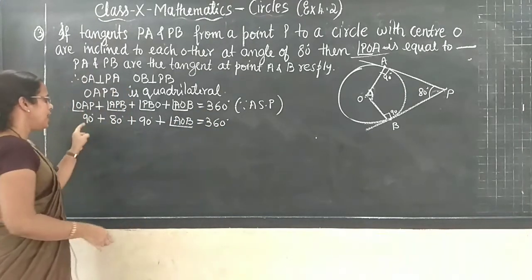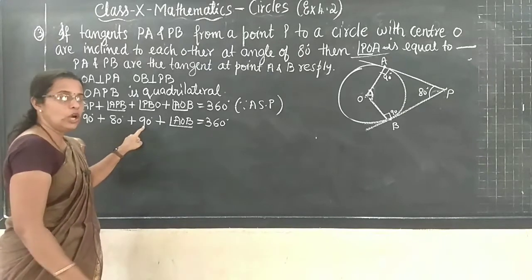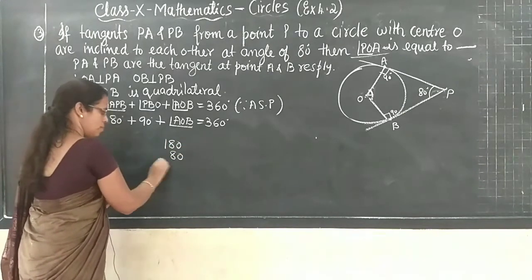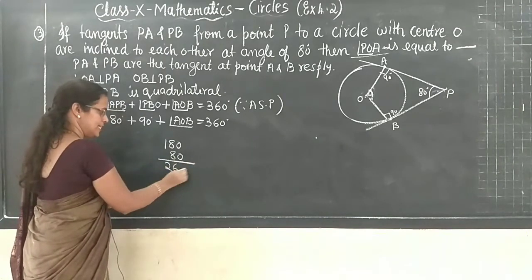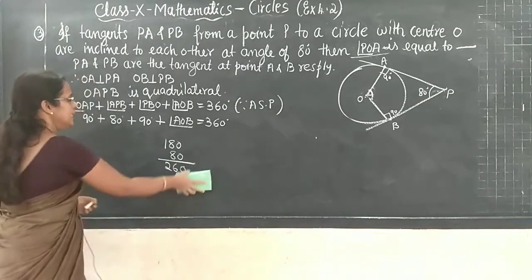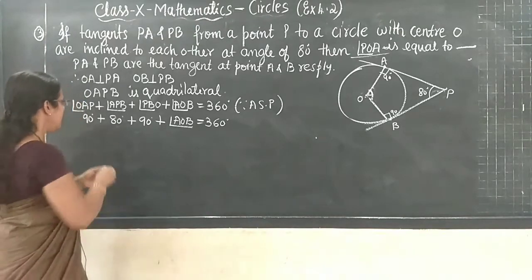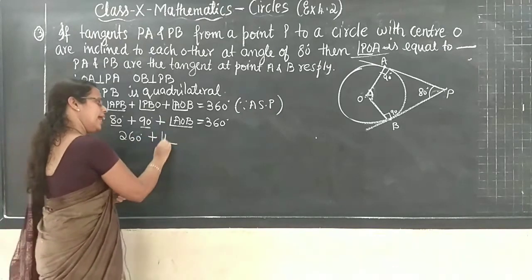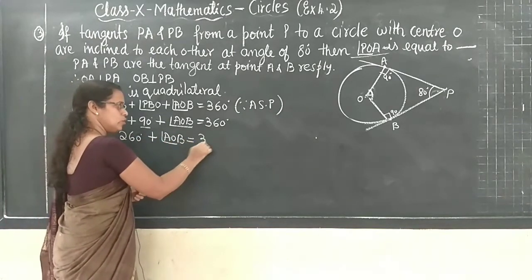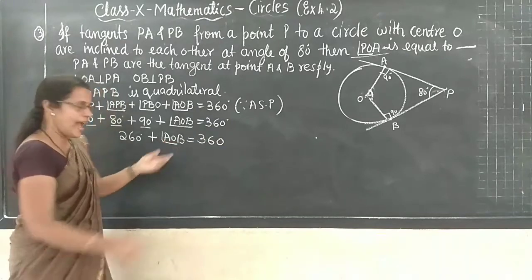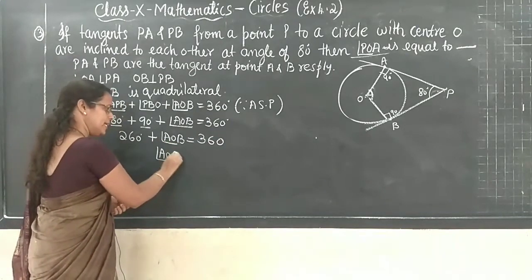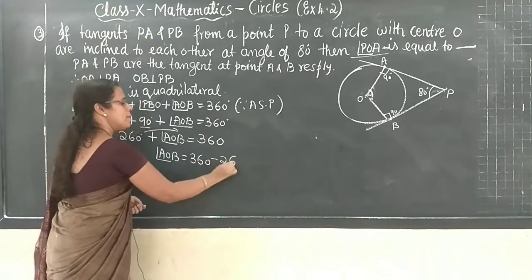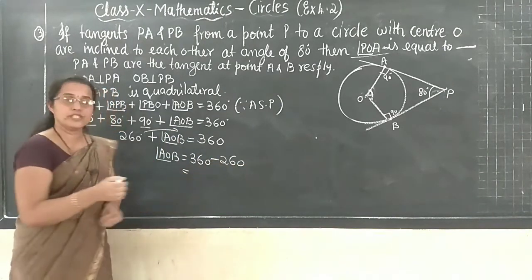Add it now. 90 plus 90 is 180. 180 plus 80 is 260. So 260 degrees plus angle AOB is equal to 360. I want angle AOB. Angle AOB is equal to 360, and 260 going to that side becomes minus 260. 360 minus 260.